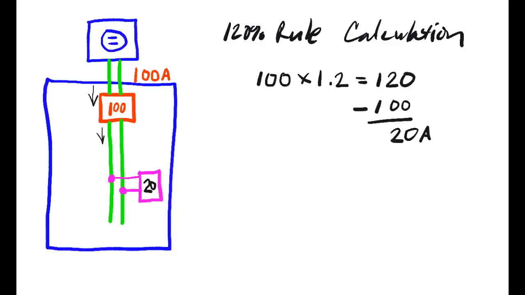This breaker here, the solar breaker, is controlling how much power can be backfed in this direction from the inverter. Okay? So what the 120% rule is really saying is that you cannot feed more than 120% of the rating of the service onto these bus bars.